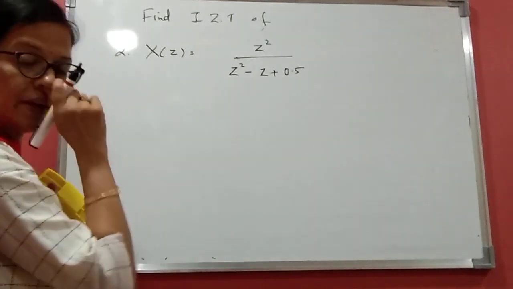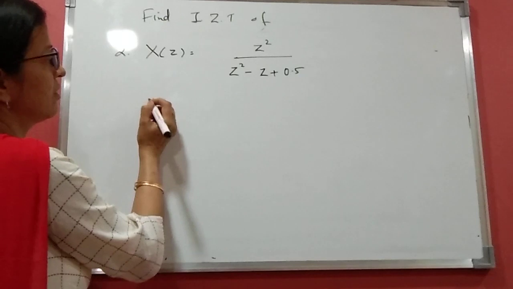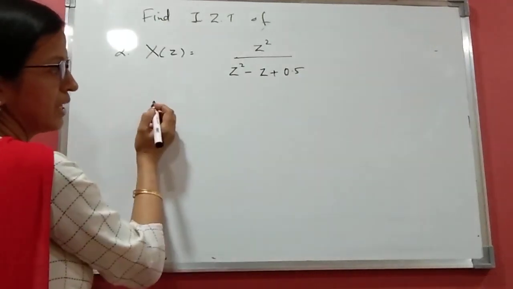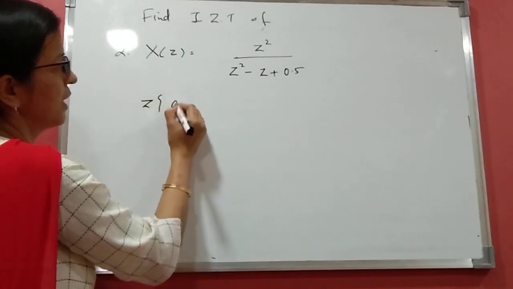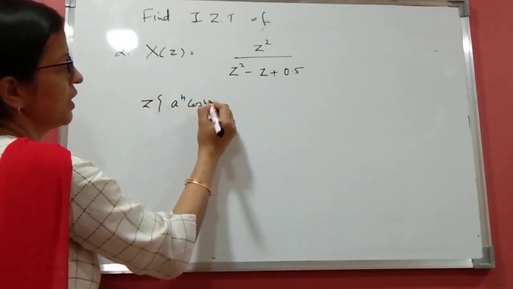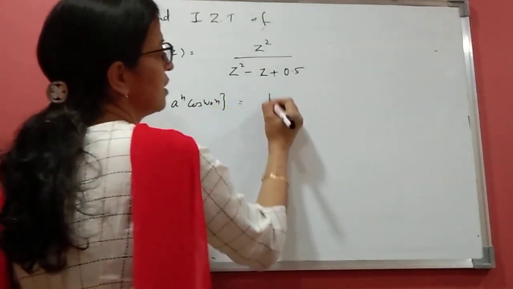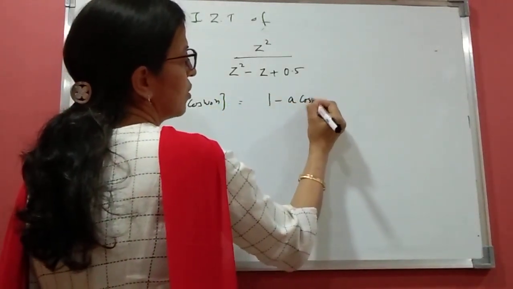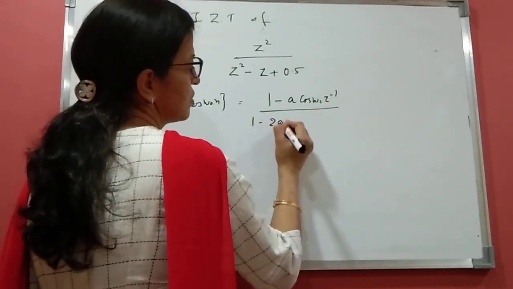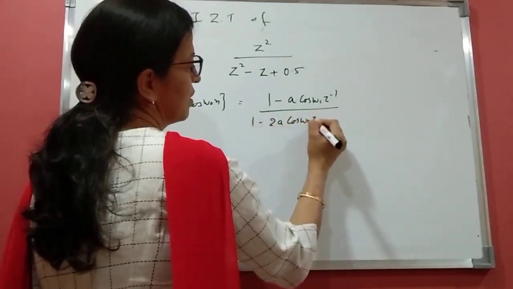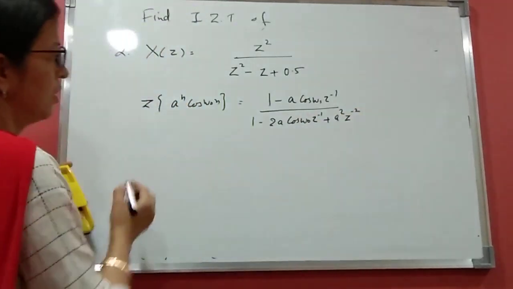If you find the roots, you'll get imaginary roots, and whenever you get imaginary roots, just see if we can arrange it in the form of, like this. It is the Z transform of a raised to n cos omega naught n. The Z transform of a raised to n cos omega naught n is (1 minus a cos omega naught z raised to minus 1) upon (1 minus 2a cos omega naught z raised to minus 1 plus a square z raised to minus 2).